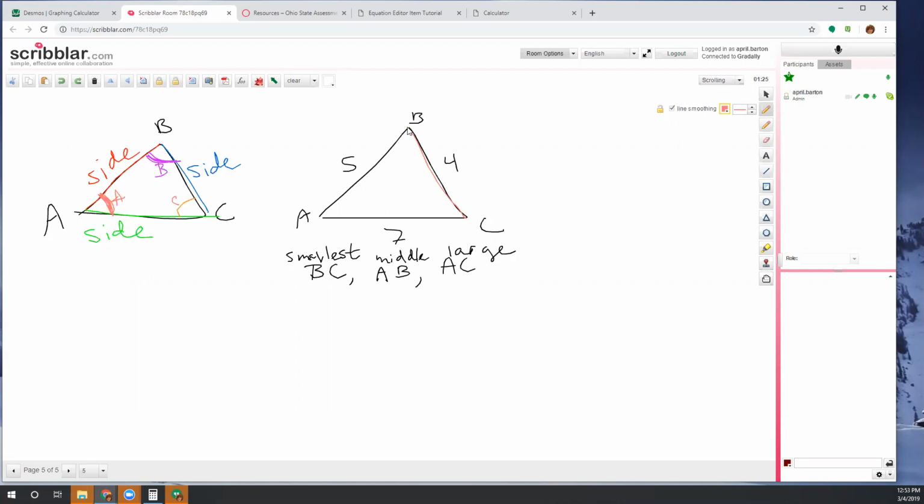Yep. So B would be touching that side. Angle B is the distance from that side to the other. So it's literally connected to that side there. So it's A. Yep. So that means the smallest angle is angle A.